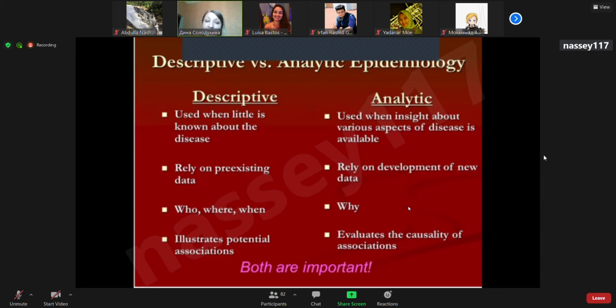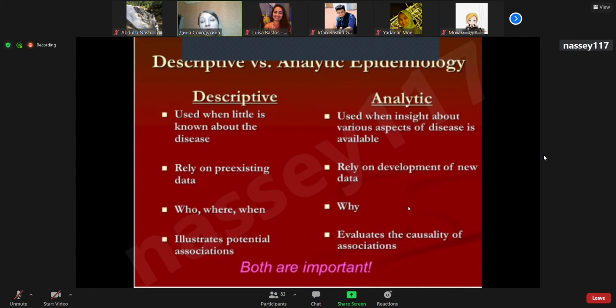of a disease. If you want a descriptive epidemiological study, you will not try to get a lot of information and new data. We will usually make reasoning on existing data and rely on those sources which are available at hand.